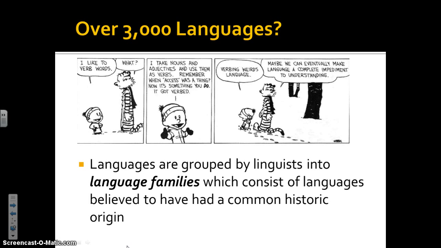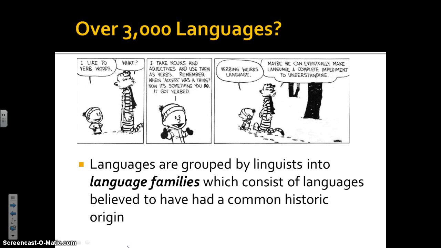Calvin verbing something is just like how you might notice that things like selfie and LOL and Google have been added to dictionaries within your lifetime. This is the idea that languages grow and change, and the reason this is important is because they were previously part of a historic language, and now they're grouped into things called language families, which are based on where they came from originally.